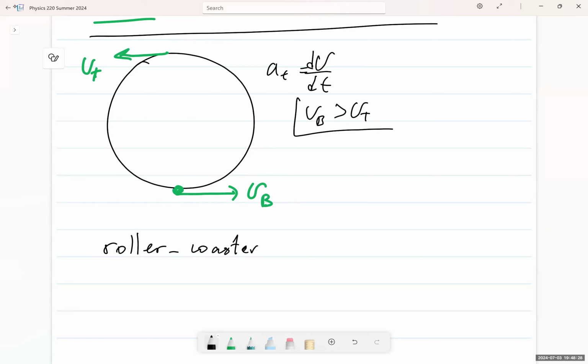So for something like a roller coaster, let's say if it's vertical, and there's also a Ferris wheel type of thing, right?